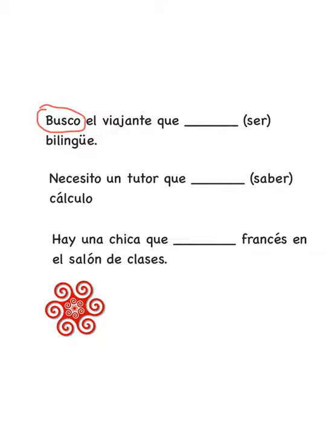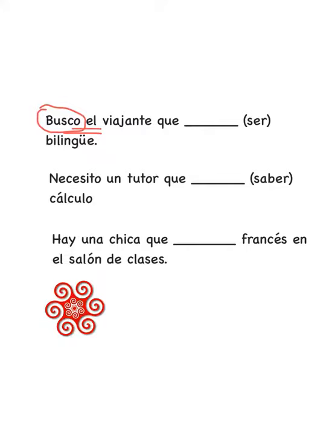Now, in this particular sentence, it is the definite article el what tells us that we're going to use the indicative. Why? Because when we say busco el viajante, I'm looking for the salesman. It is implied that we already know him.